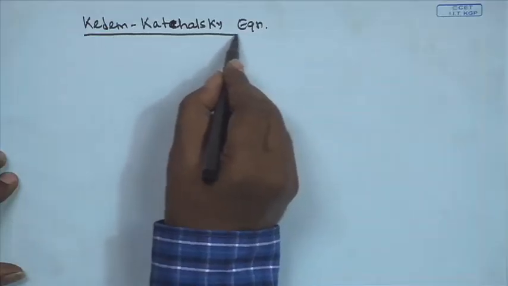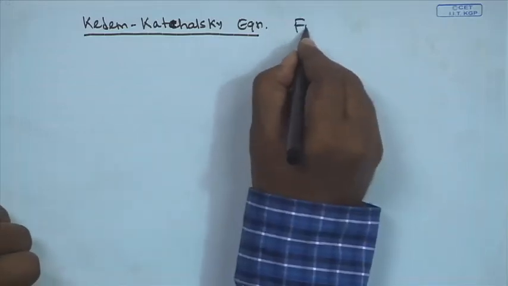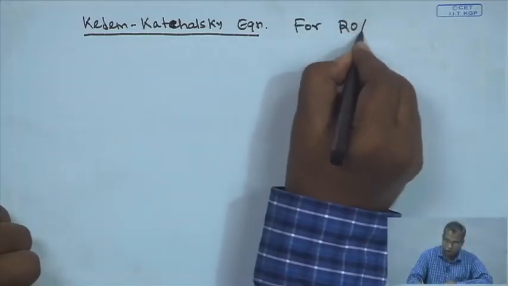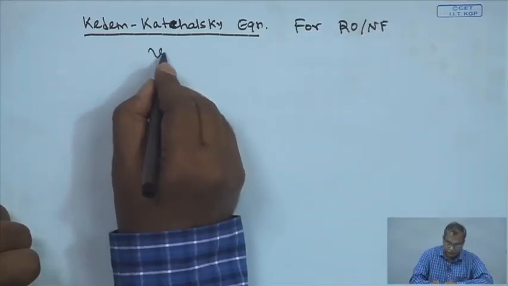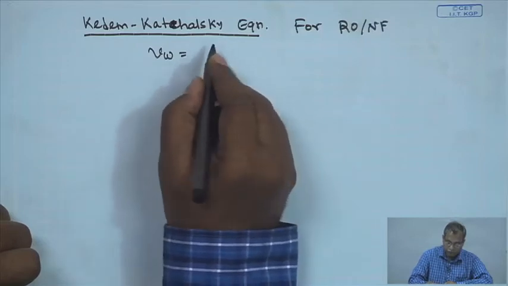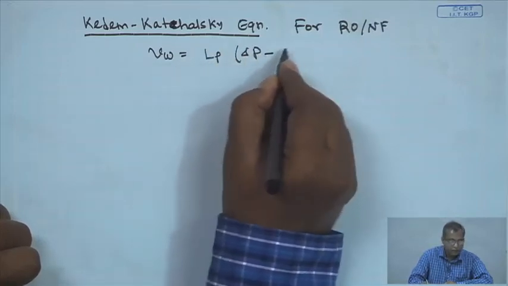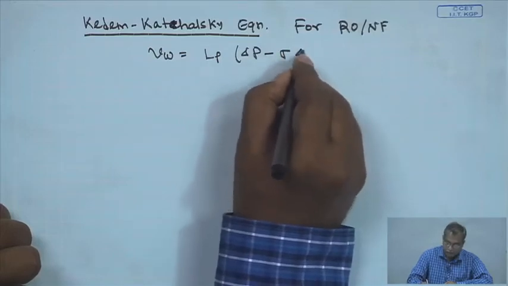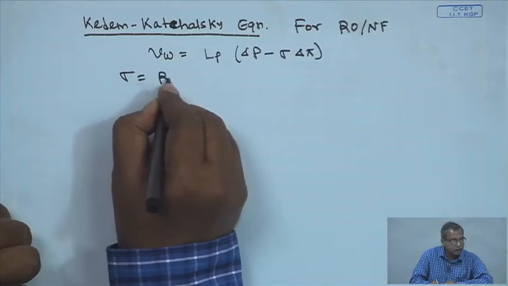So, the next modification we will be looking into is the Kedem-Katchalsky model for the RO and NF system, for reverse osmosis and nanofiltration system. In this case, the osmotic pressure model of Darcy's law is modified as Lp delta P minus sigma delta pi, where sigma is known as the reflection coefficient.